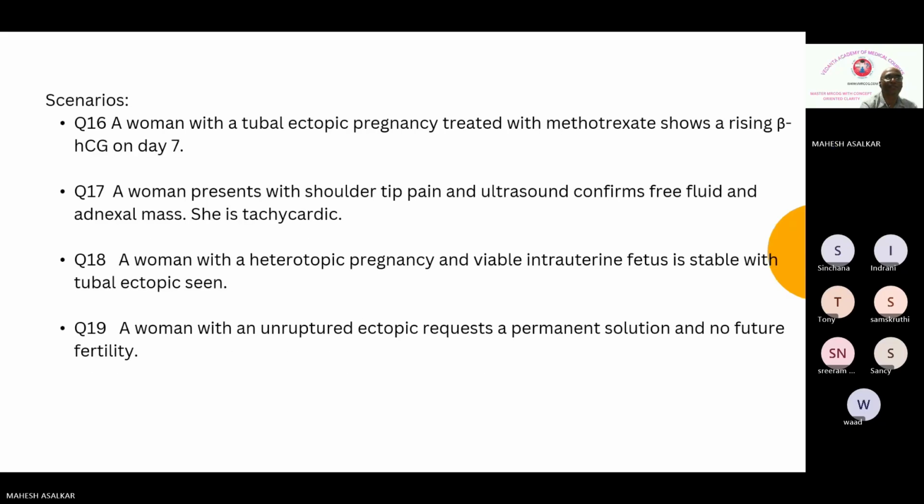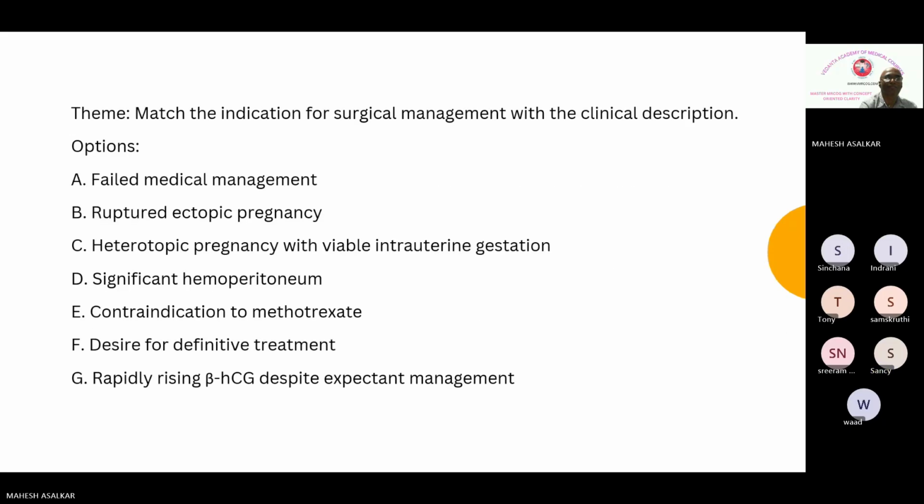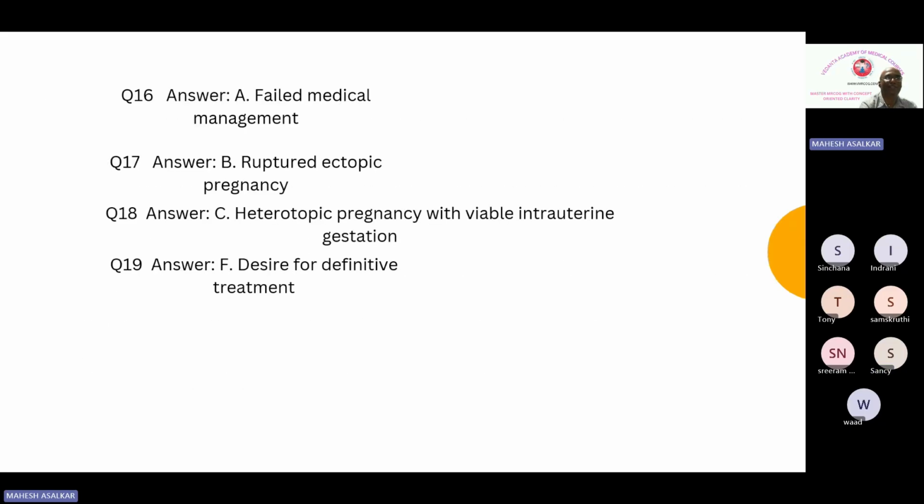A woman with an unruptured ectopic requests a permanent solution and no future fertility. Desire for definitive treatment. Correct. That is the desire for definitive treatment. So failed medical management.